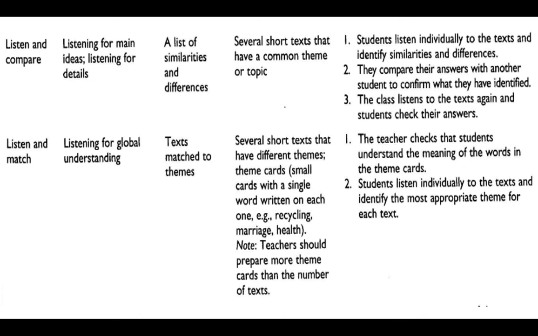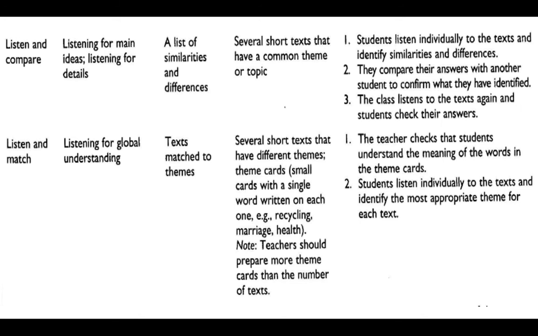And then we've got theme cards, small cards with a single word written on each one. Example: recycling, marriage, health. Note: teachers should prepare more theme cards than the number of texts. So you have got texts and then themes that they need to match.